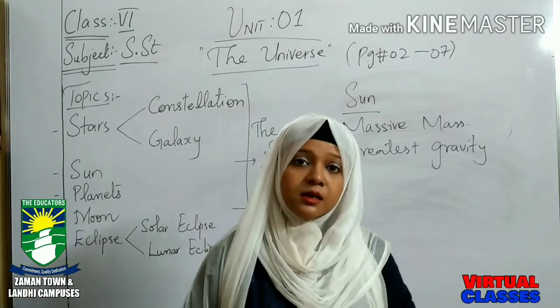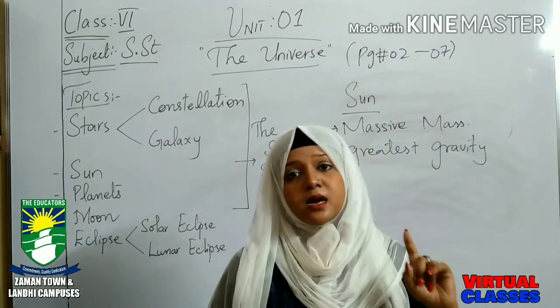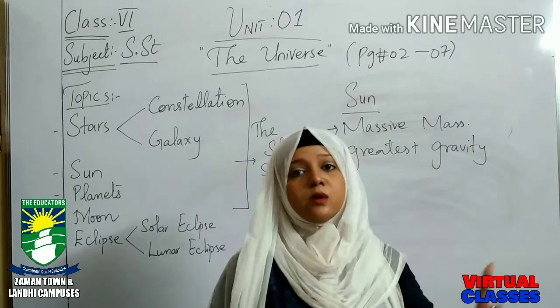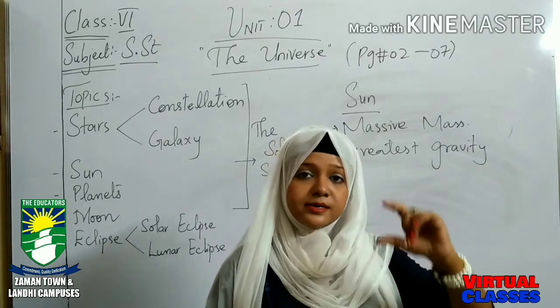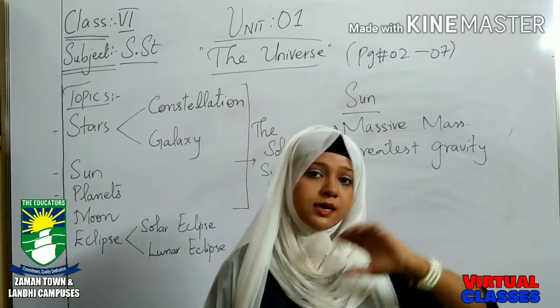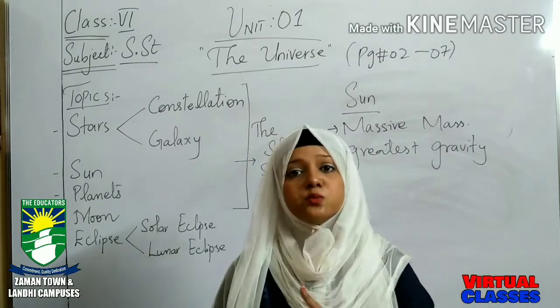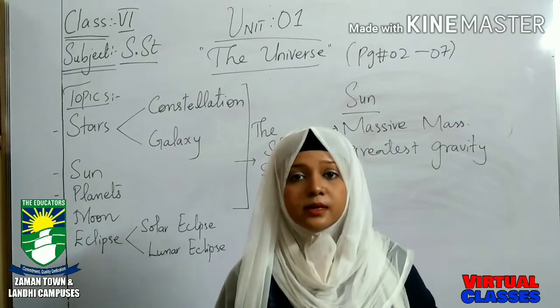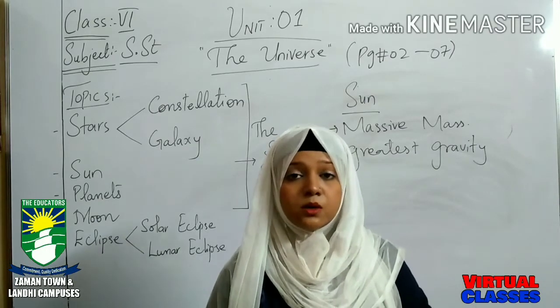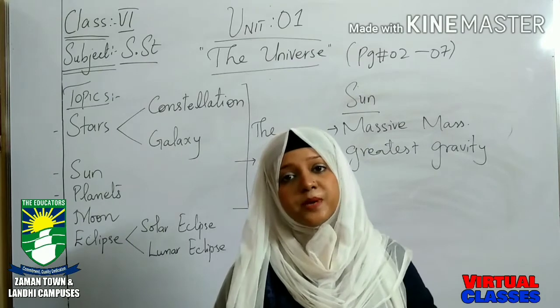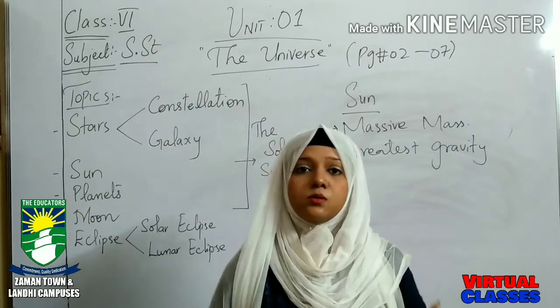This is the reason why the planets are continuously moving around the Sun, because planets have smaller gravity as compared to the Sun. That's why it keeps the planets moving around it, because of its greatest gravity.